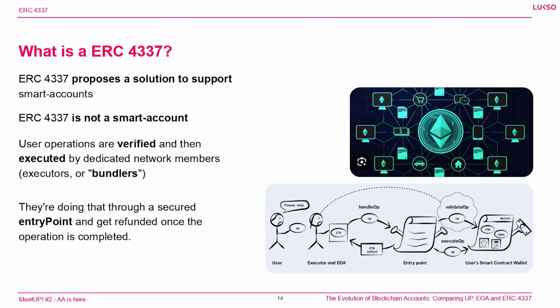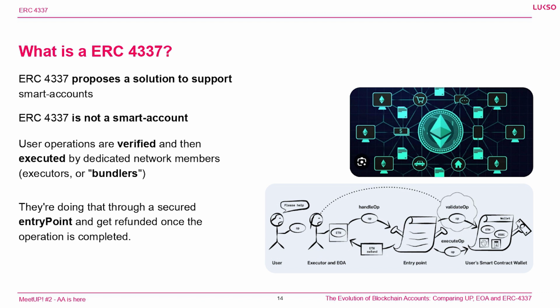Okay? In order to execute this user operation, I need to first verify that I have ownership of this NFT and that I have the right privileges to trigger the transfer of this NFT. So this user operation will be verified and then executed by a new network member that is called the executor, or the bundlers, because they can bundle multiple user operations all at once.